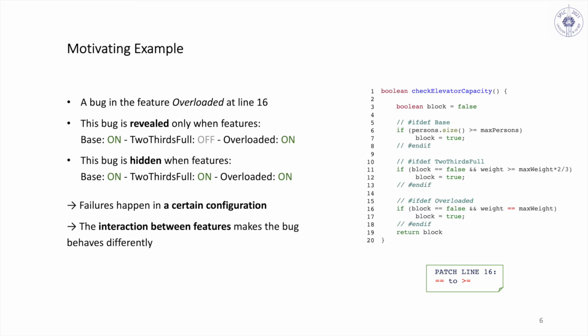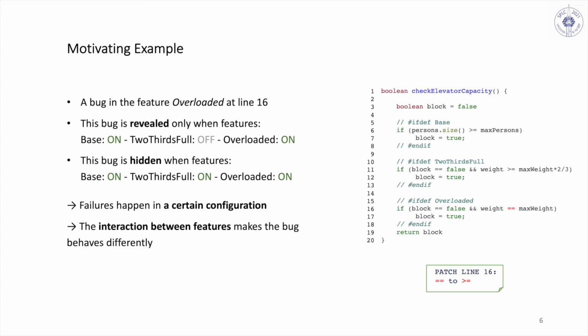With this example, you have seen that even when the bug is visible in the code, it might not reveal its abnormal behavior, and it only showed up in some configurations. The reason is, in SPL, the features usually collaborate or interact with others in the program to build up functionalities.